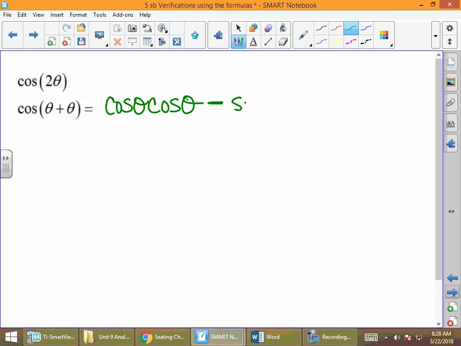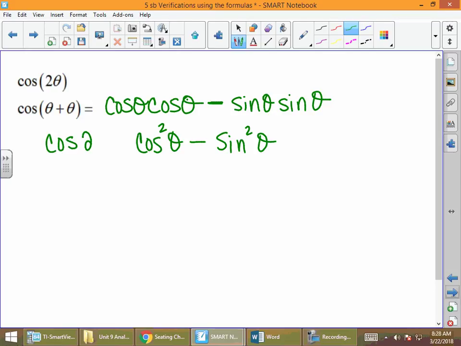And then it's going to be sine of theta and sine of theta. And we can simplify. Cosine times cosine. Well, we did cosine times itself, which is cosine squared. And sine times itself is sine squared. And as we look back again at our pink paper, kind of right in the very middle of the pink paper, it talks about the fact that the cosine of 2 theta does equal cosine squared minus sine squared.